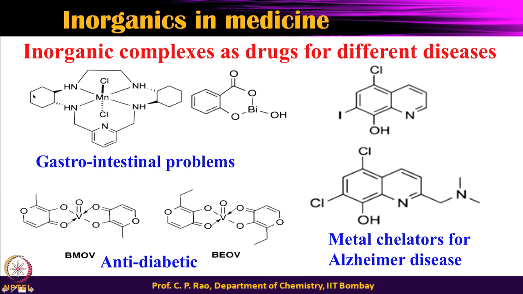Now, in this slide I have tried to show some inorganic complexes as drugs for different diseases. One thing you see here is gastrointestinal problems. It is very common, gastrointestinal. So, this is a manganese dichloride. So, manganese 2 and this is a cyclam type complex.